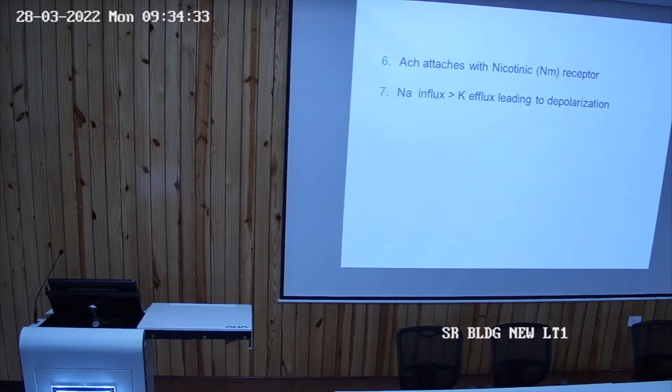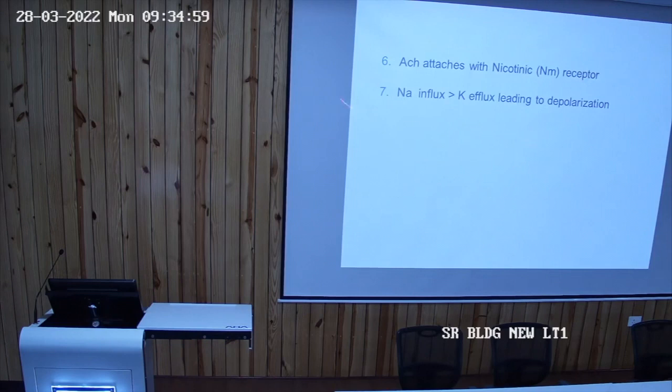Due to that the channel will be opened up, and because it is operated by acetylcholine, what type of channel do we call that? Ligand operated channel. There are voltage gated channels. Okay, there are leaky channels. There are ligand operated channels also, because some substances have to be attached. Only then is that substance called a ligand.